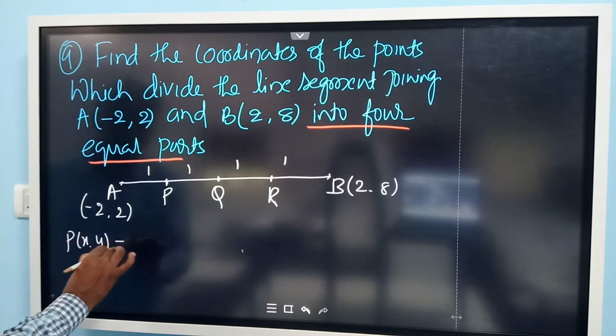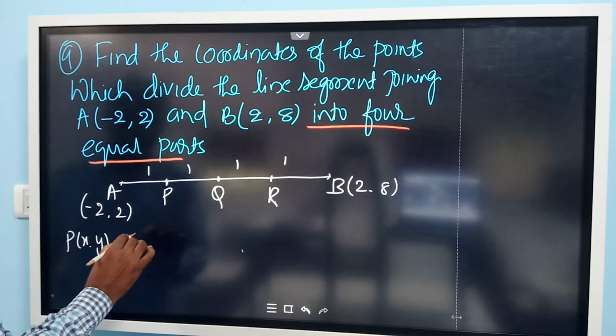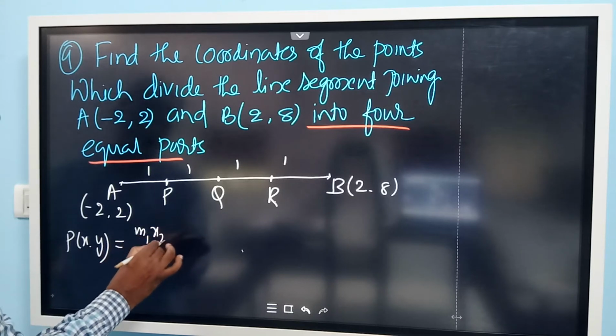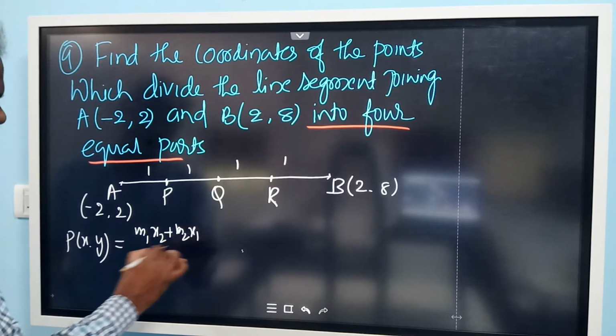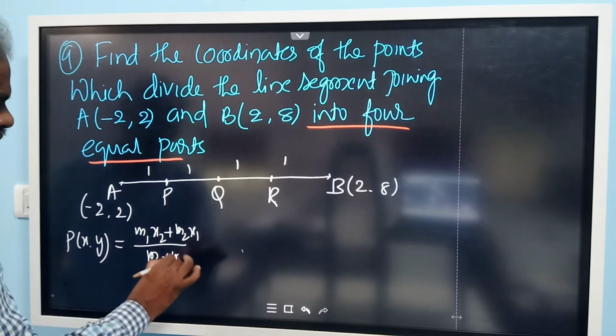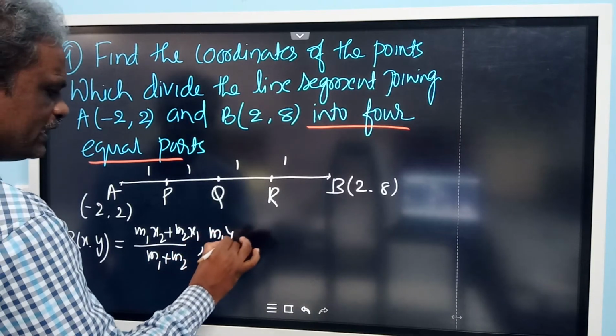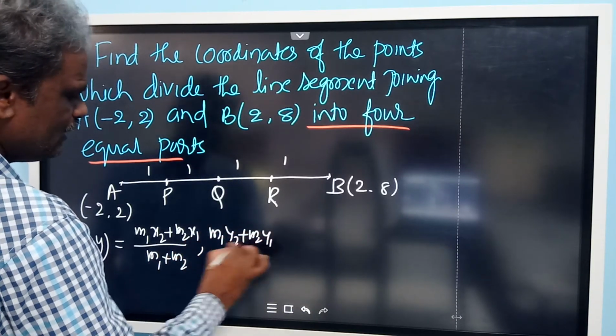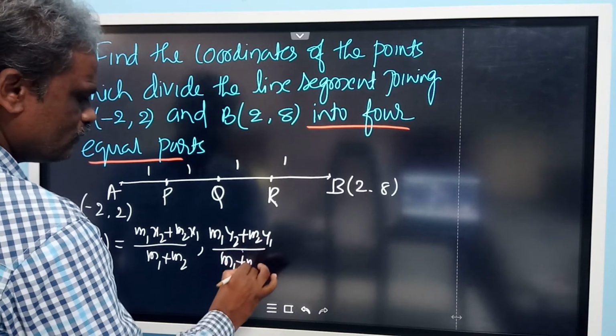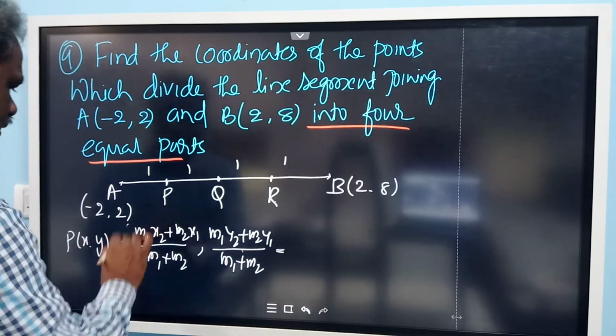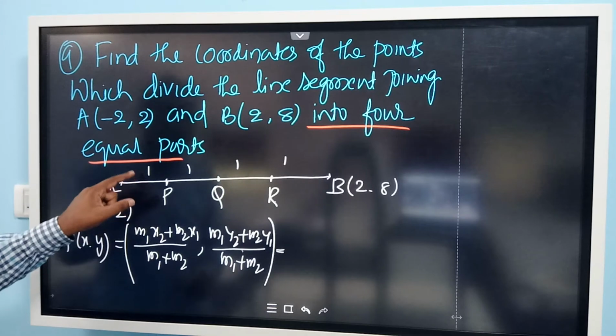Let me find out. So I will write m1 x2 plus m2 x1 divided by m1 plus m2 comma m1 y2 plus m2 y1 divided by m1 plus m2. Now substitute here. These are the points. What is the ratio?